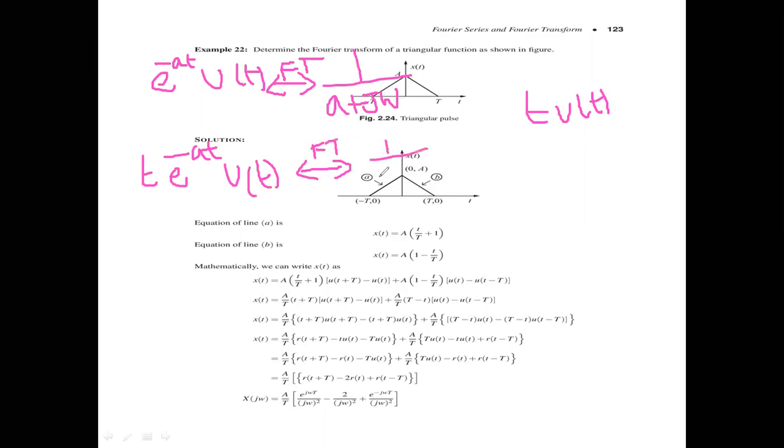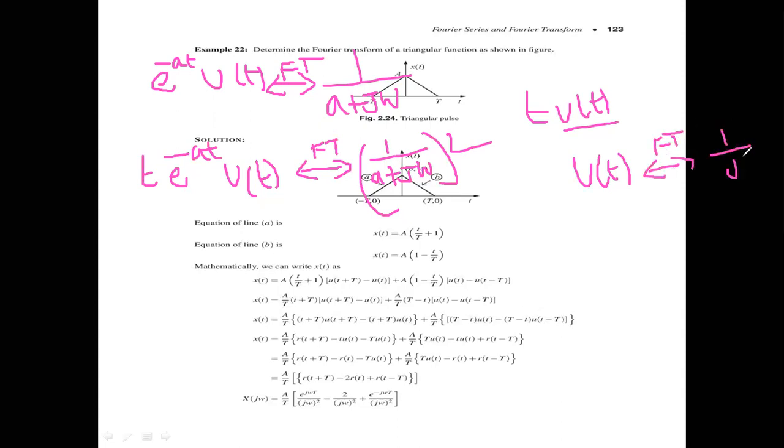Square of this one. 1 by a plus j omega whole square. First of all, you can see what is the Fourier transformation of mu of t. Fourier transformation of mu of t is 1 by j omega.